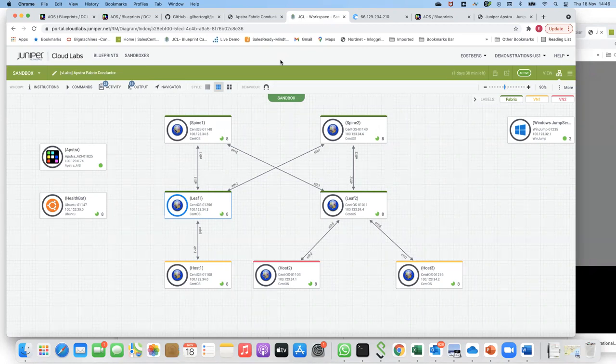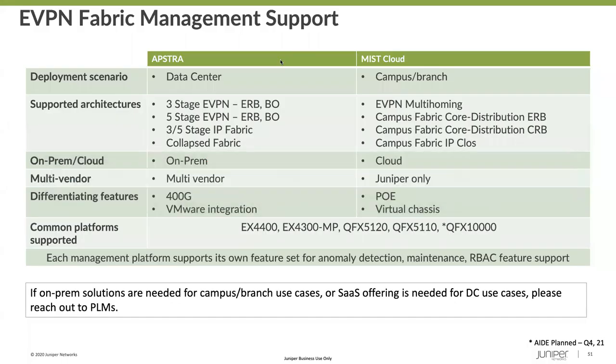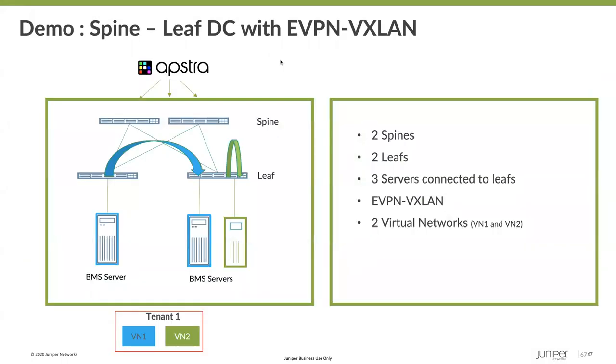And this is the setup. What we're trying to do, if I go back here, is a high level view of what we're trying to achieve. On the left, of course, you have Apstra, and Apstra will be connected to, in this case, only 4 virtual QFXs, 2 spines, 2 leaves.